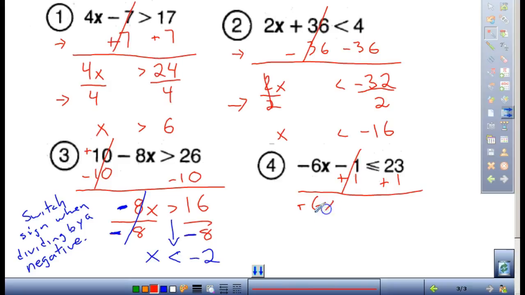We got negative 6 times what is less than 24. And divide by negative 6 everywhere. And since we divided by a negative, flip that sign. Don't forget to flip that sign. So we got x is greater than negative 4. Greater than.